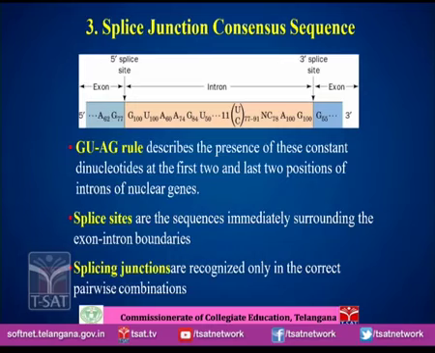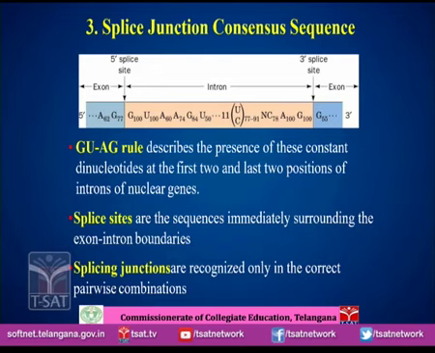The area in the middle is the intron, and on the left and right sides we have exon 1 and exon 2. There are two cuts, or two splicing sites, on this mRNA: one toward the 5 prime end, the 5 prime splicing site, and the second splicing site at the 3 prime.